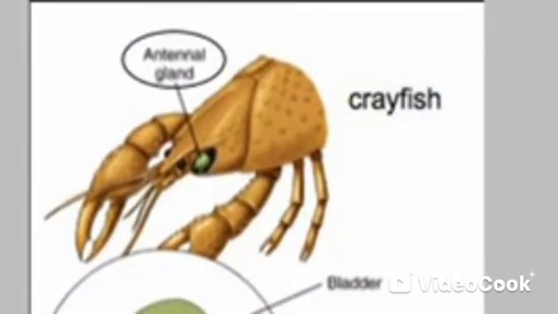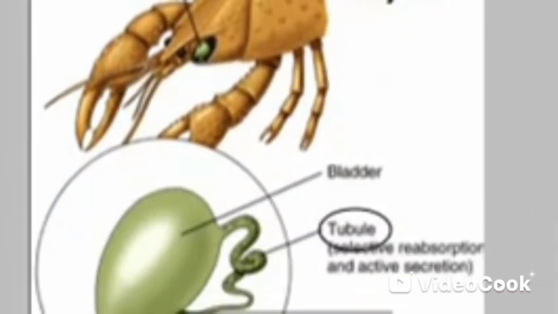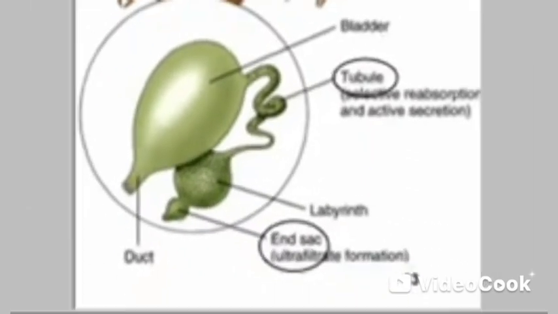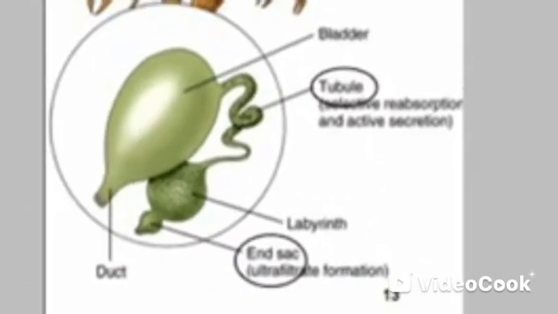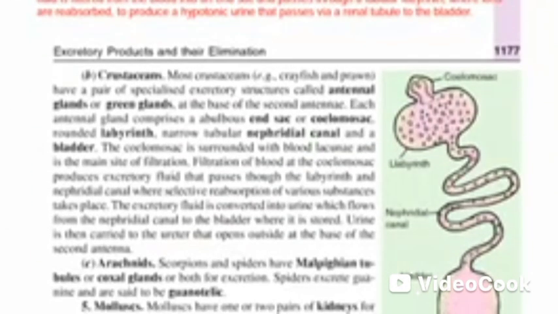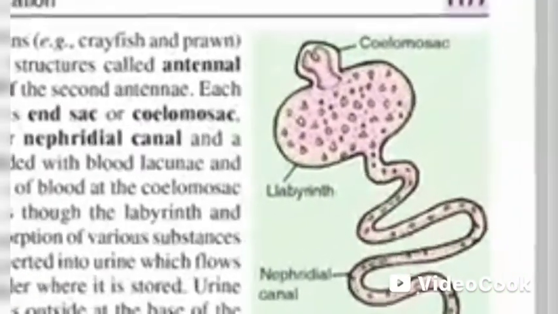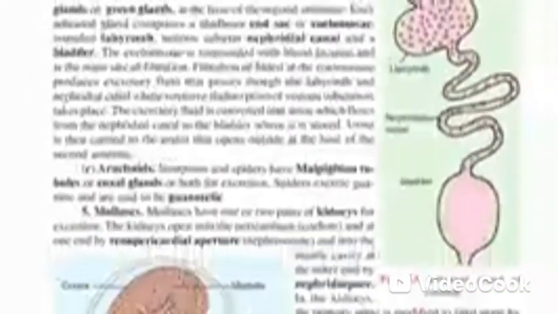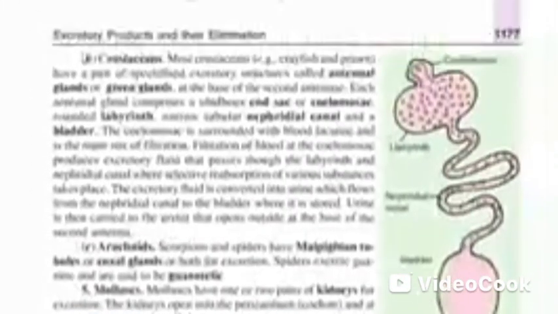Antennal gland or the green gland of crayfish. These are the parts of the green gland: end sac, labyrinth, tubule, bladder, duct. Now in this figure also, the antennal gland of crayfish is shown.